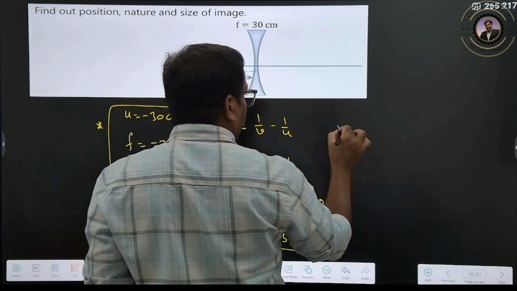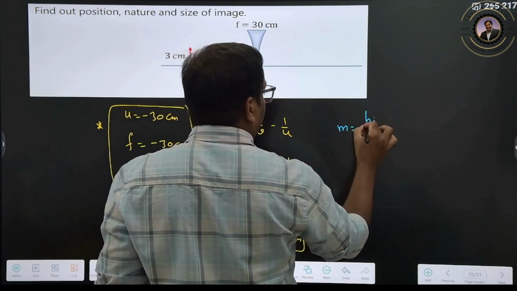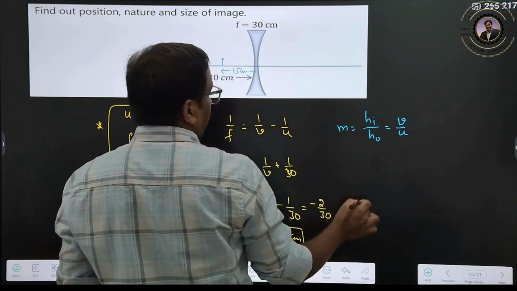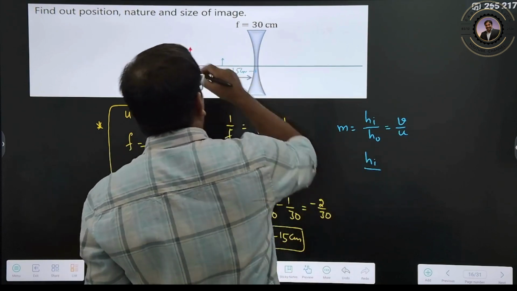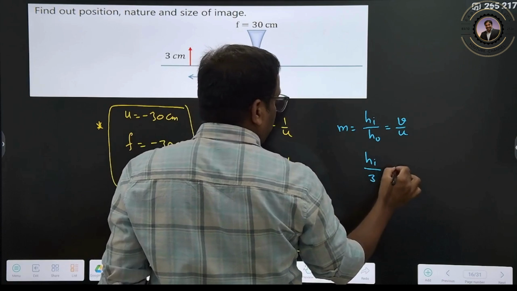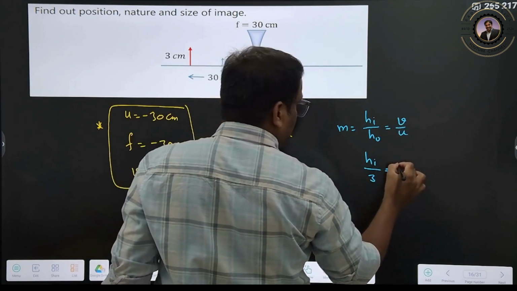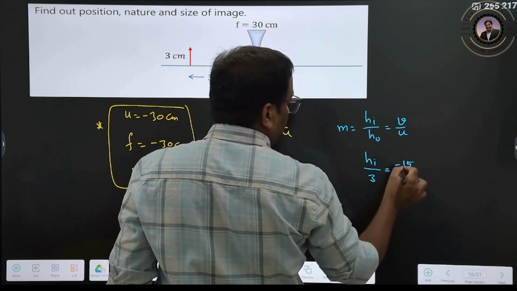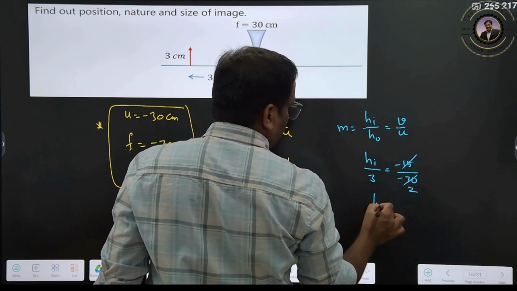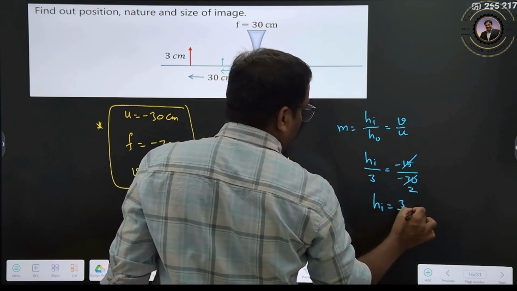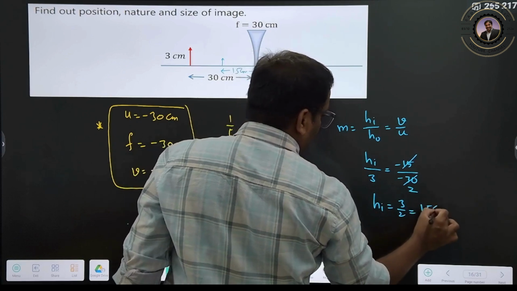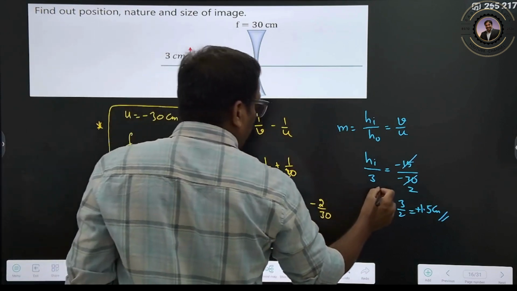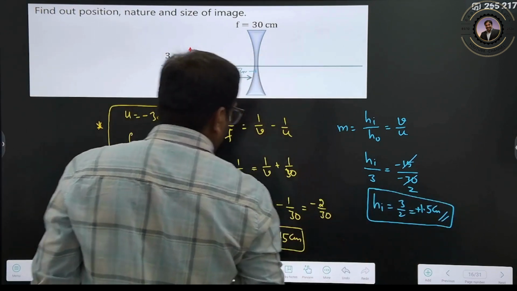Now what will be the magnification? Height of the image by height of the object is v by u. Height of the image we want to calculate. Height of the object is 3 centimeter. Image distance is minus 15, object distance is minus 30. So it will be 1 by 2. So height of the image is 3 by 2, therefore 1.5 centimeter. This is plus, meaning above the principal axis, clear?